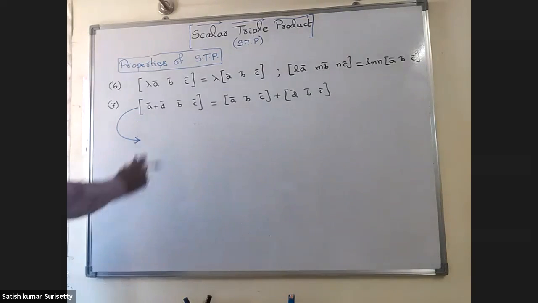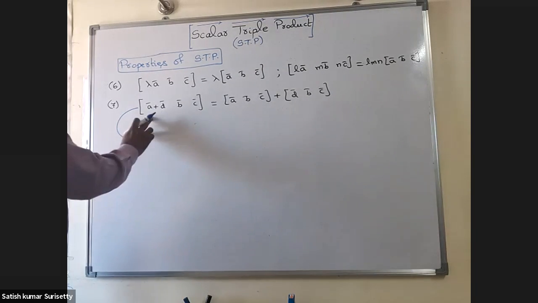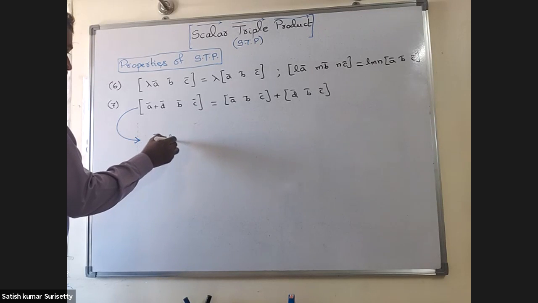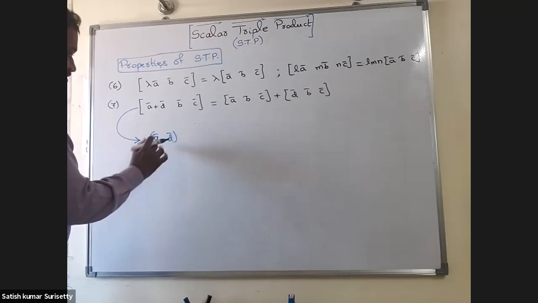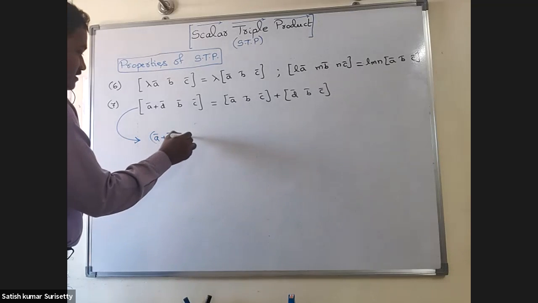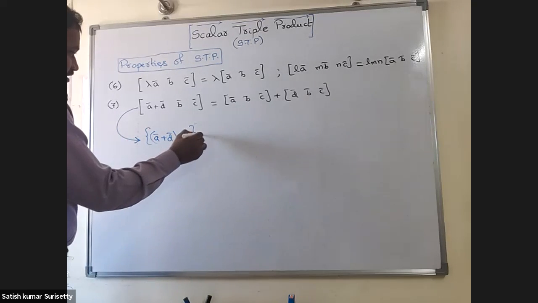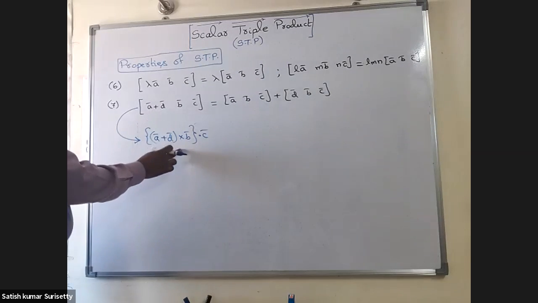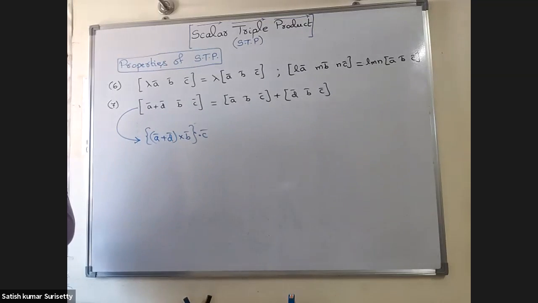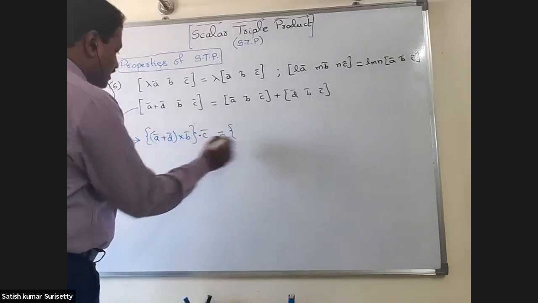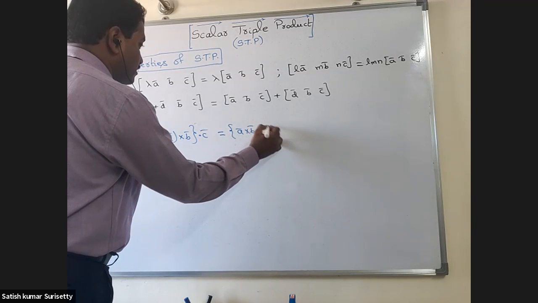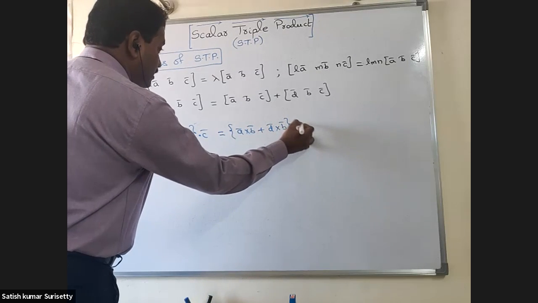Now, as per the definition of the scalar triple product, box of A bar plus D bar, B bar, C bar is A bar plus D bar cross B bar dot C bar. That is, the cross product of the first two vectors, dot product with the third vector. Now apply the distributive property inside: A bar cross B bar plus D bar cross B bar, dot C bar.